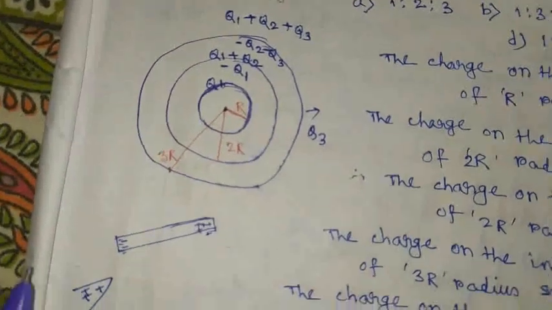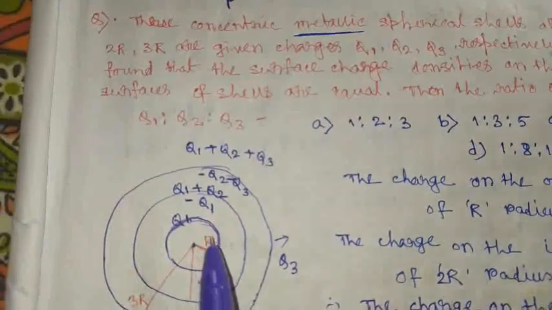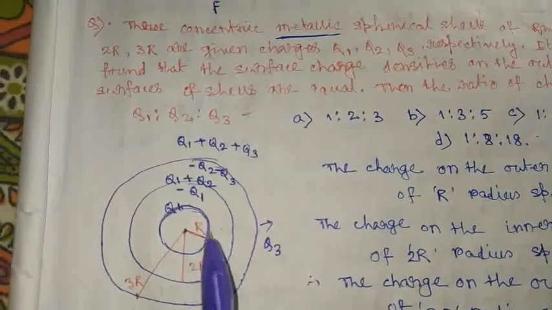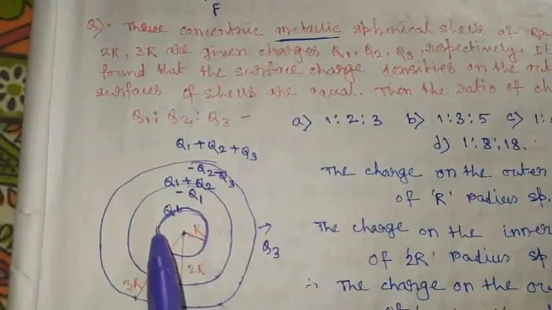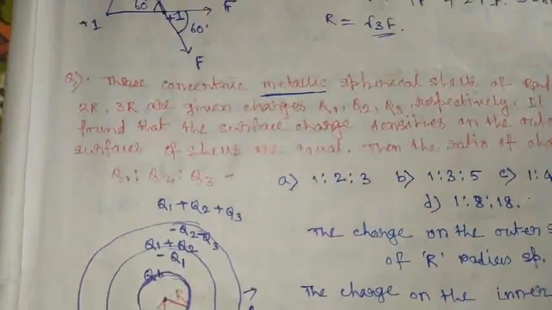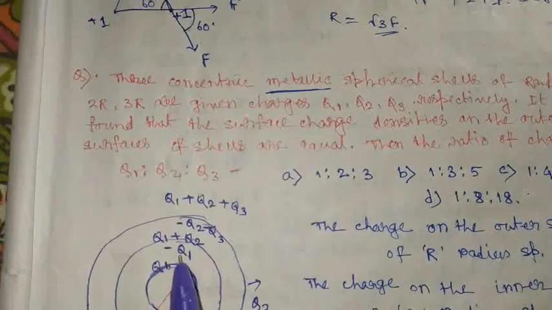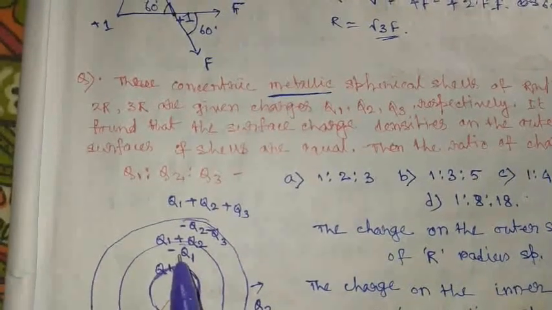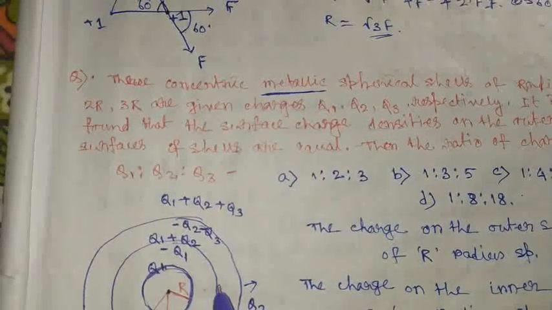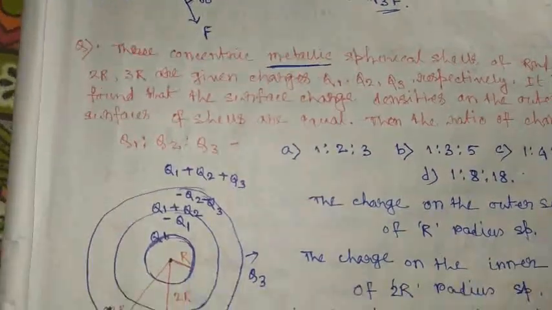By this concept we can say if we have q1 charge on the outer surface of the inner sphere, then a minus q1 charge is also developed, due to the induction process, in the inner surface of the second sphere. Let me repeat once again.